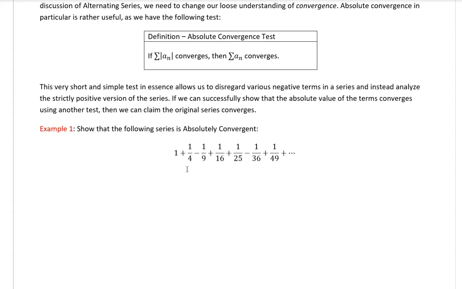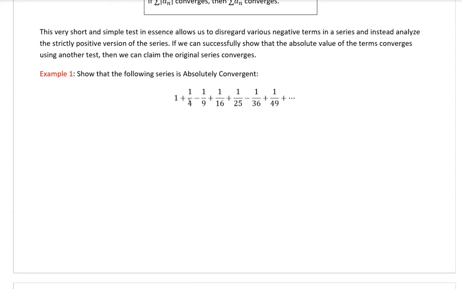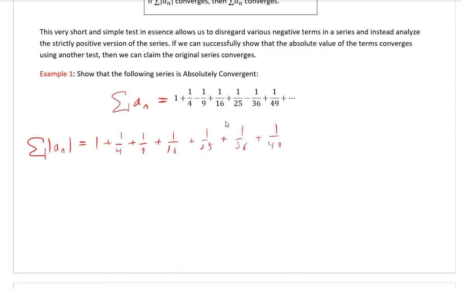For example, the one that I had above for the 1 plus 1/4 minus 1/9, if I call this my sum of a sub n, then when I look at the absolute value of those terms, what I have is 1 plus 1/4 plus 1/9 plus 1/16 plus 1/25 plus 1/36, all the positive versions of these, etc. And this series I should be able to define.